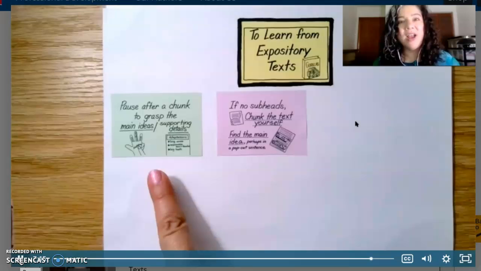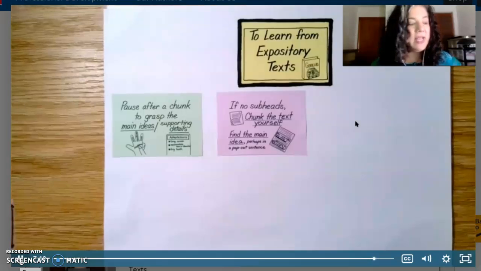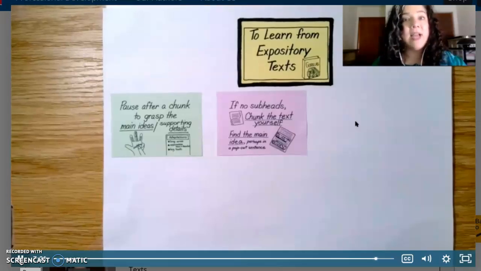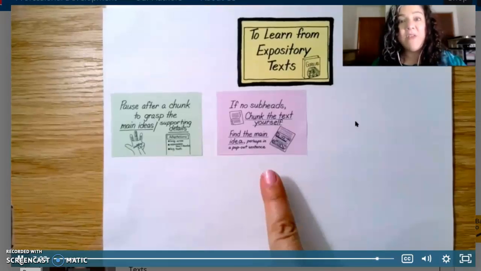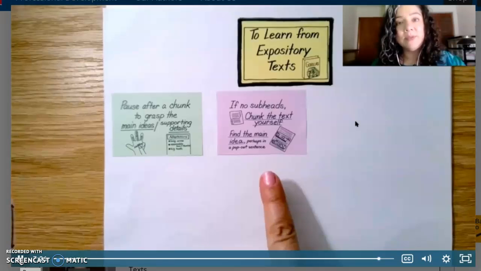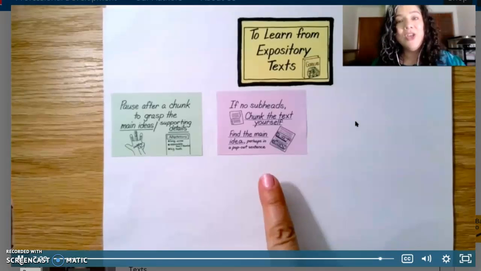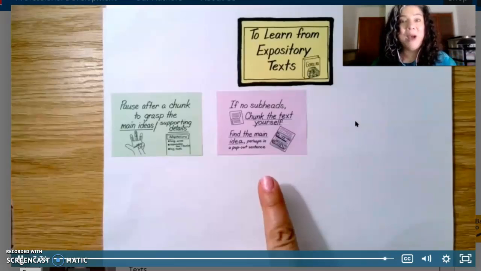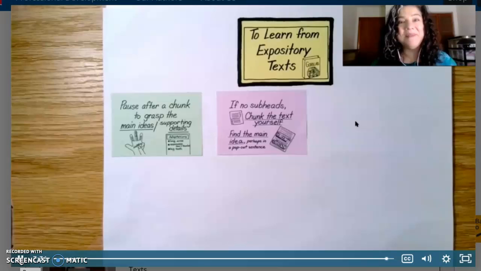And as you're trying to do your main idea supporting details, your boxes and bullets, if your text does not have headings or subheadings, if it looks similar to our octopus article, then you chunk up the text yourself and find main ideas. You might be lucky enough to find some pop-out sentences. Remind yourself of your plan for today, your work plan, and off you go.